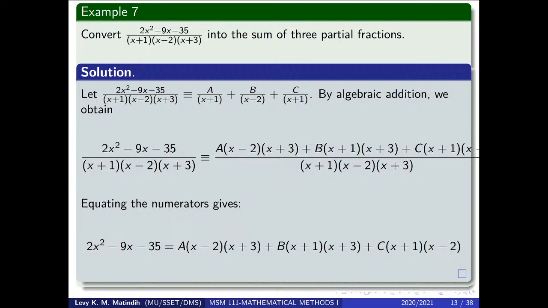Oh yeah, I think there is a typo. Those are just typos that we can rectify.